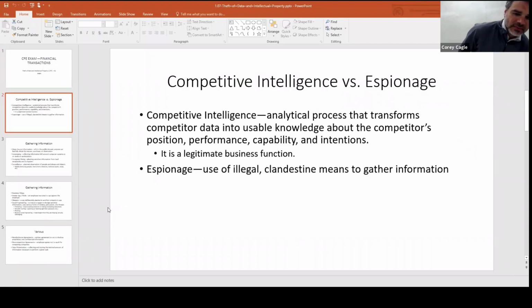So there's competitive intelligence, where you are kind of legally finding things out about your competitor, versus espionage, where you're illegally stealing information, right? So competitive intelligence is okay. Take data that you can gather legally and use it. It's out there. There's no reason why you shouldn't. Espionage, though, now you're being sneaky.